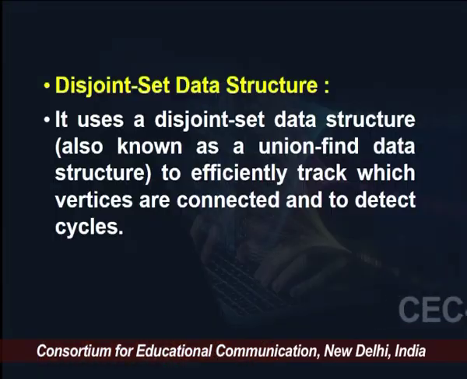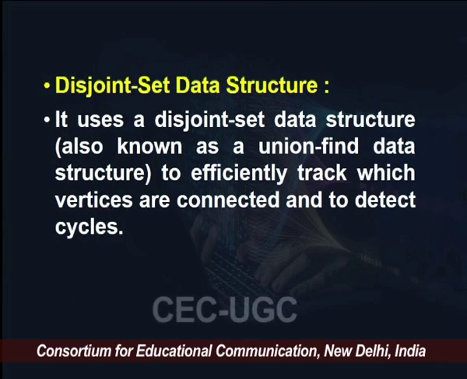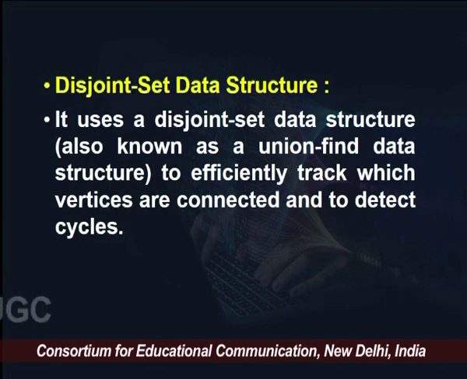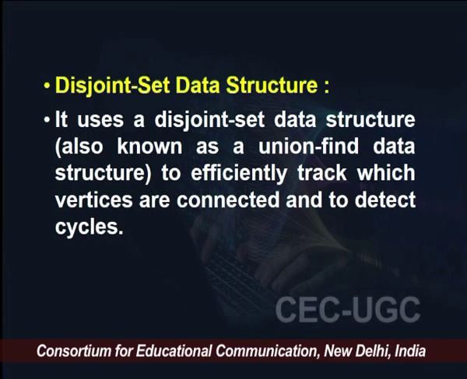Now, please think about how we are going to use the disjoint set data structure in the nuances of Kruskal's algorithm. Kruskal's algorithm uses a disjoint set data structure to efficiently track which vertices are connected and to detect cycles.